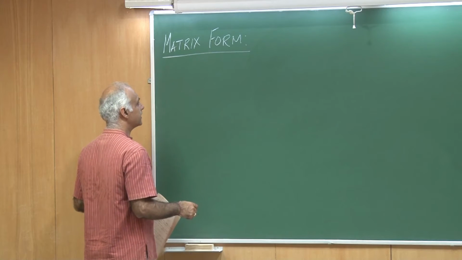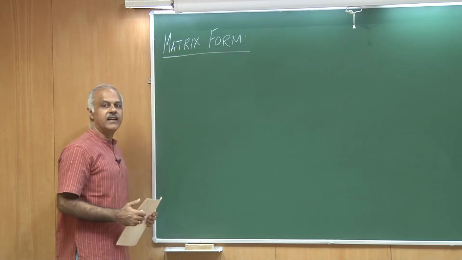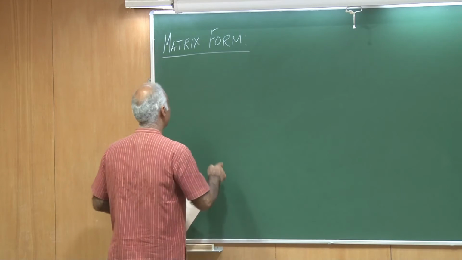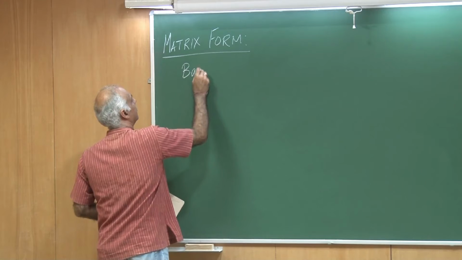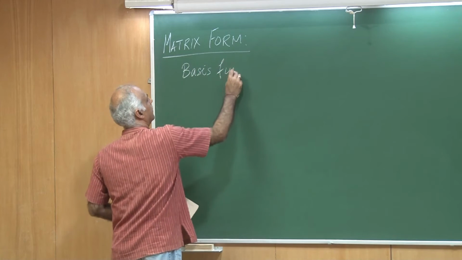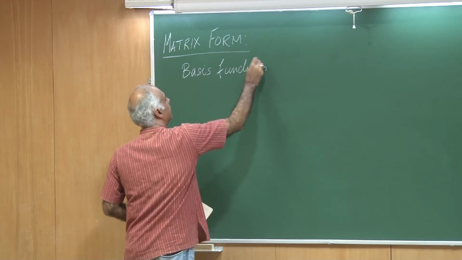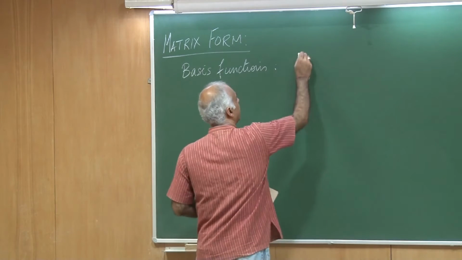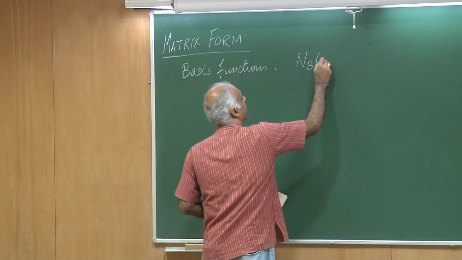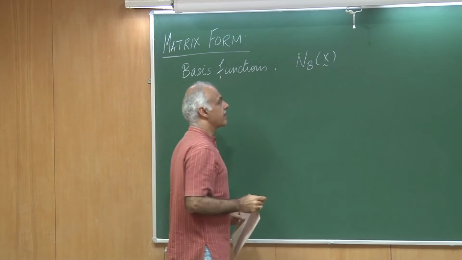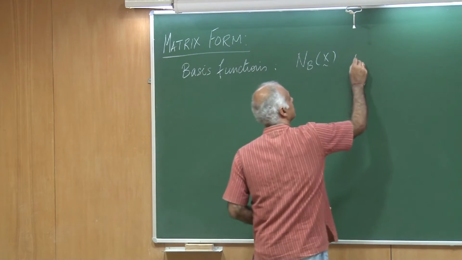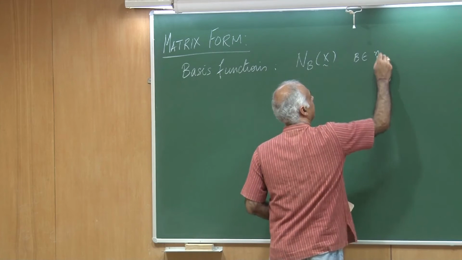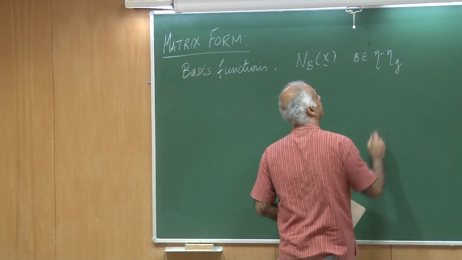So, first we will express VH and GH in terms of the basis functions. Let me recollect for you that the finite element functions or the basis functions are NB, functions of x, and B belongs to a set which is eta minus eta g.